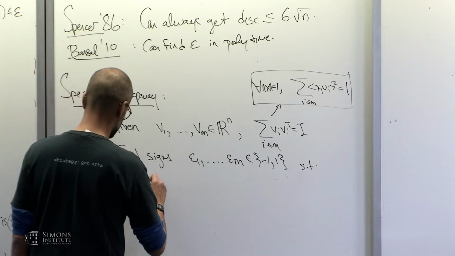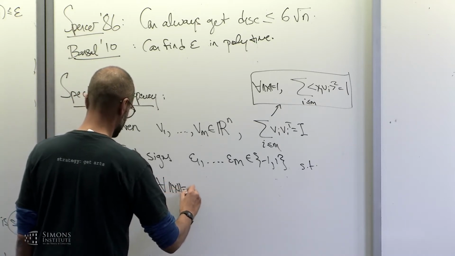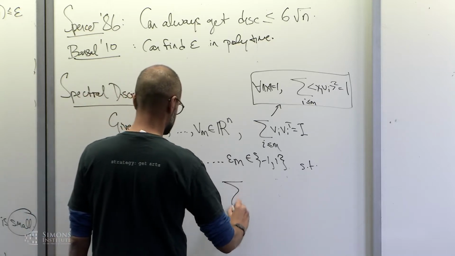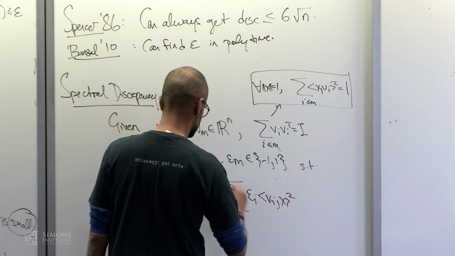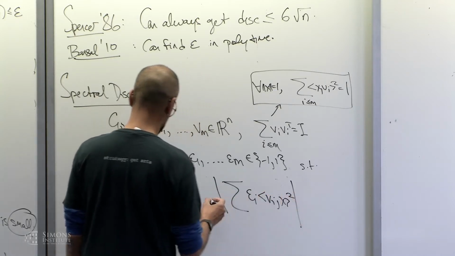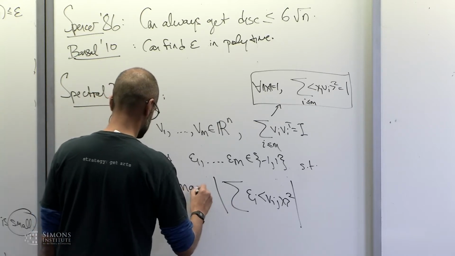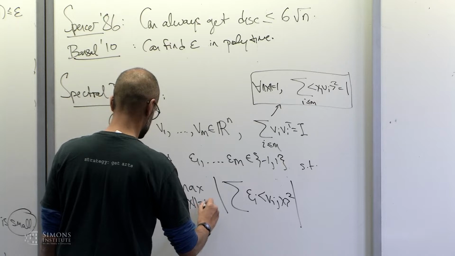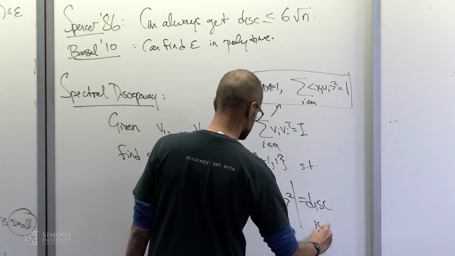So the property you want is that for every test vector x, the summation of epsilon_i (v_i · x) squared is small. Let's call this a max. This is my definition of spectral discrepancy being small.